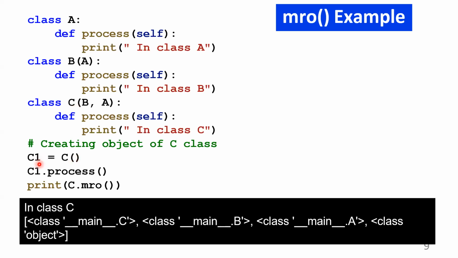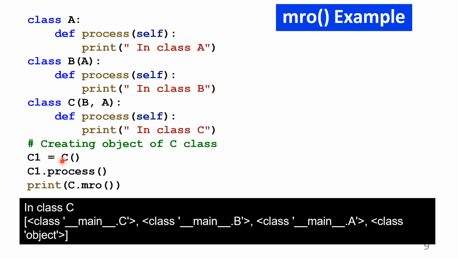Now we are creating an object of the child class C by using c1 equal to C. Then we are invoking the method process by using the object, c1.process. If we look at the order of invoking the methods, first it will search in the current class. What is the current class?